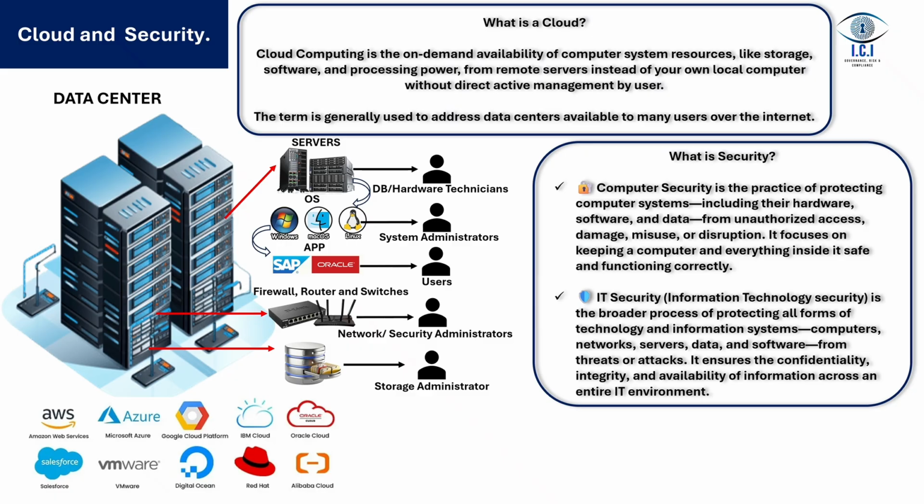So the availability, integrity, and confidentiality will be treated when we have our security classes. But for now, just know that IT security and computer security is the protection of both computer systems and IT systems, which include the computer, server, network, and the likes, from bad people.